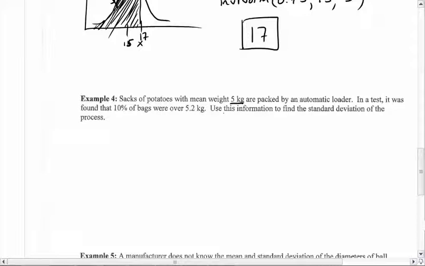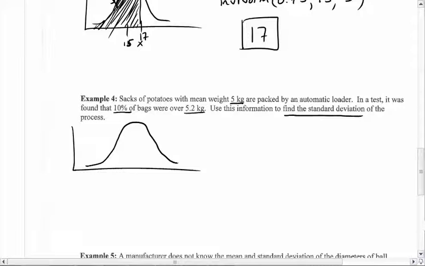We found that there's 10% of the bags over 5.2 kilograms. Can we use this information to find the standard deviation? So right now, if we draw the graph, we've got the middle at 5. And then if we go to 5.2, then 10% of the potatoes are above that value.